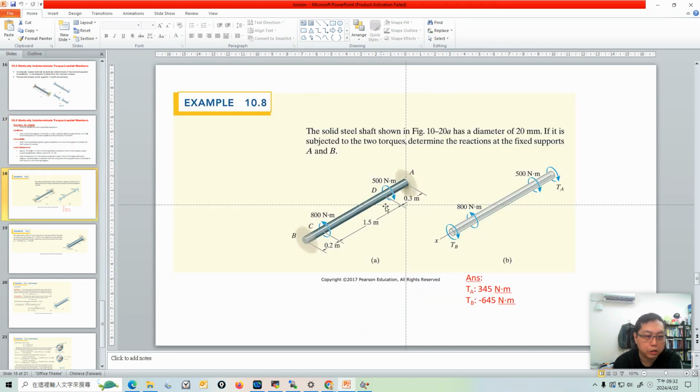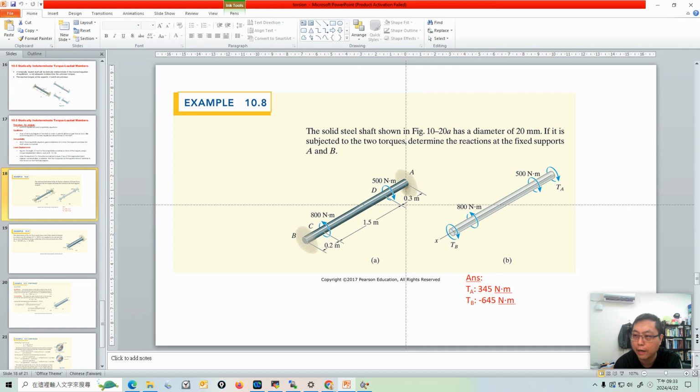Here is the shaft fixed between the walls, and we apply two torques on sections C and D. The problem says to determine the reaction moments at A and B. This problem assumes TA and TB clockwise, but that's not my habit.